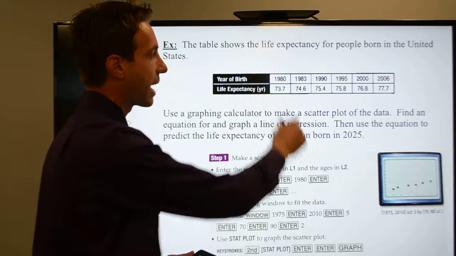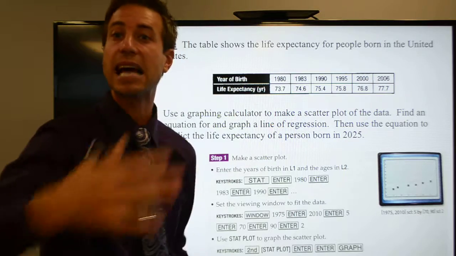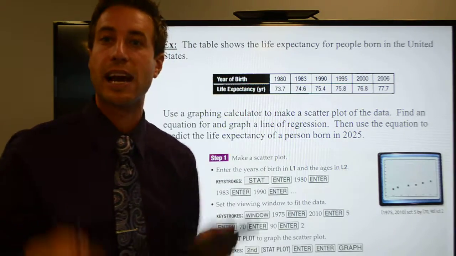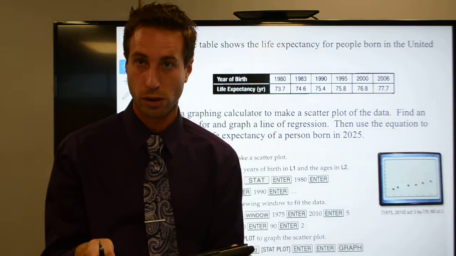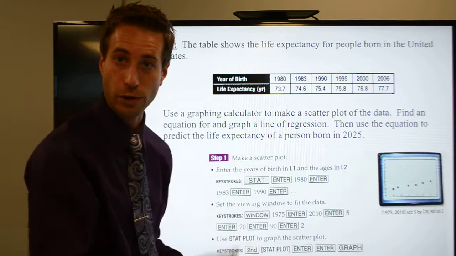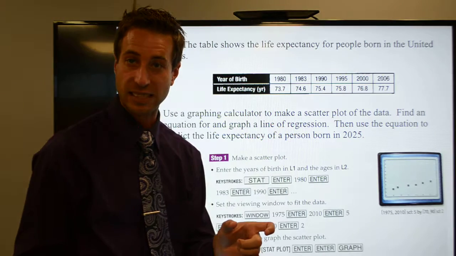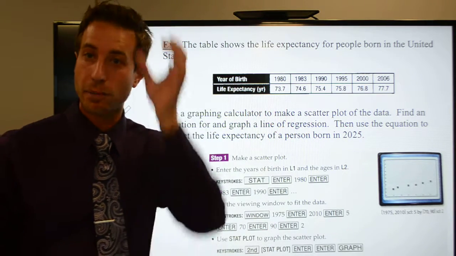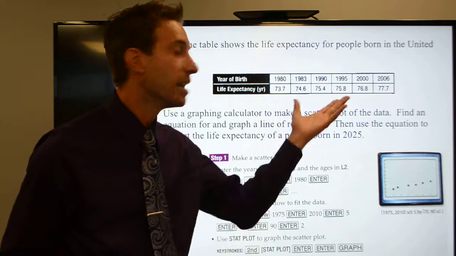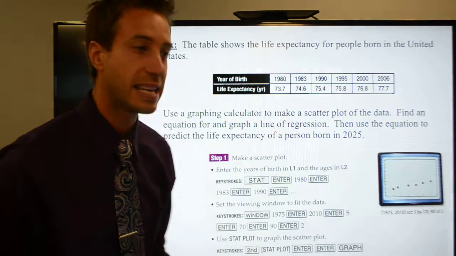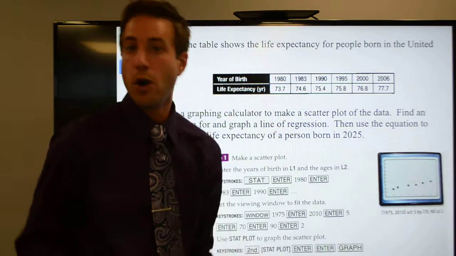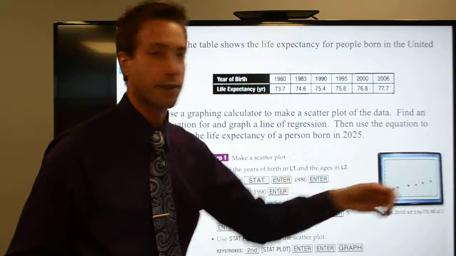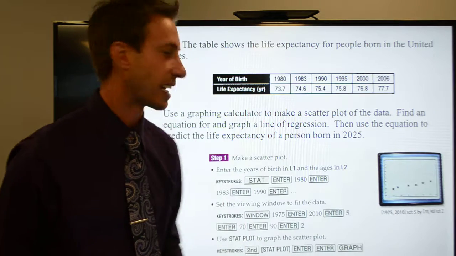So you're going to have this table, the exact same data points, but instead of written out horizontally like this, in your calculator it'll be in two vertical columns. Year in the first column, life expectancy in the second column. The independent variable always goes in the first column, year of course being independent. What depends on the year? Well, the life expectancy of people living in the US. So the life expectancy will be in that second column.